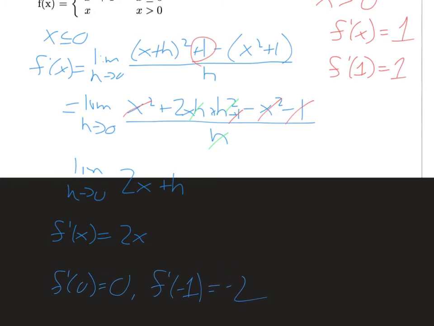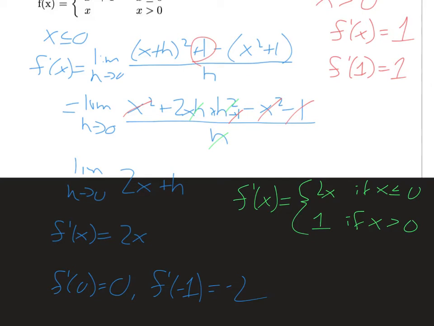So what our derivative really is then is that f prime of x is also a piecewise function, which is 2x if x is less than or equal to 0, and 1 if x is greater than 0.